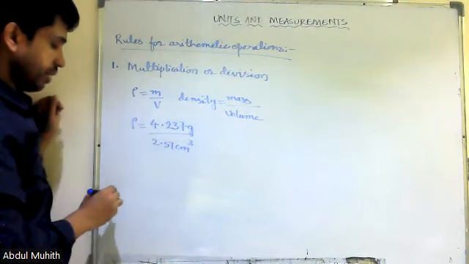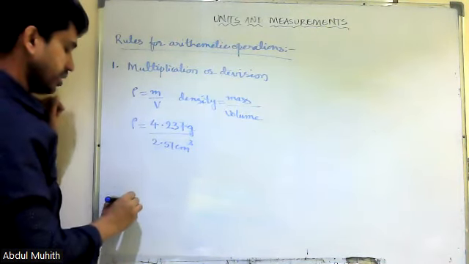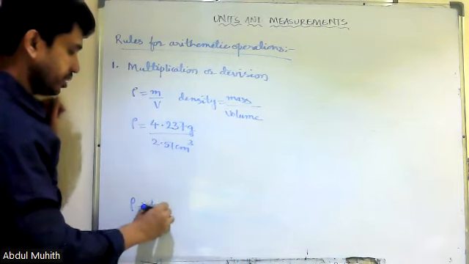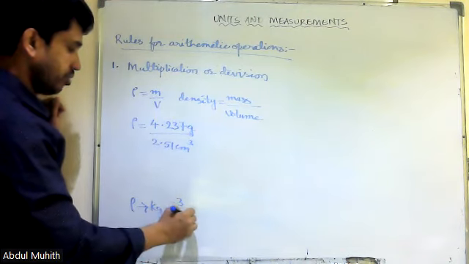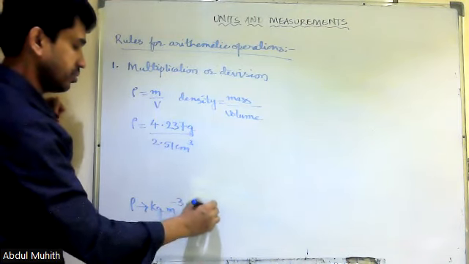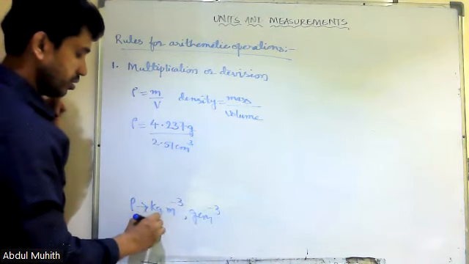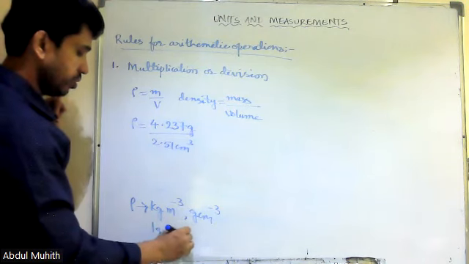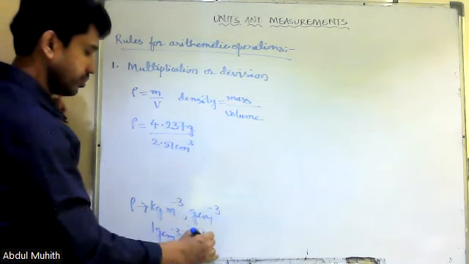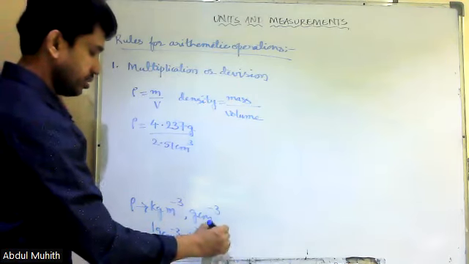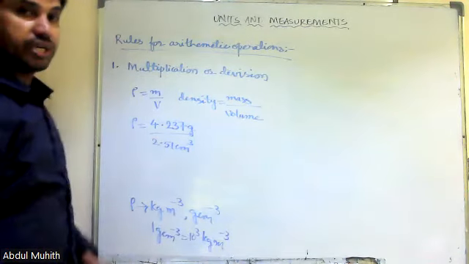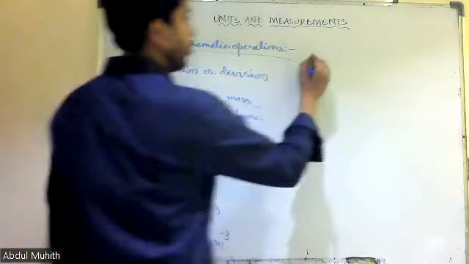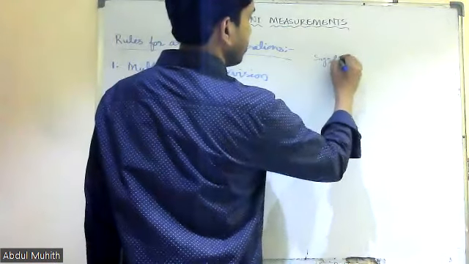When it comes to density, I'll just write here. In SI unit, density is measured in kg per meter cube, or we can write gram per cubic centimeter. So 1 gram per cubic centimeter equals 1000 kg per meter cube. This is a special case where the CGS unit is greater than the MKS unit.